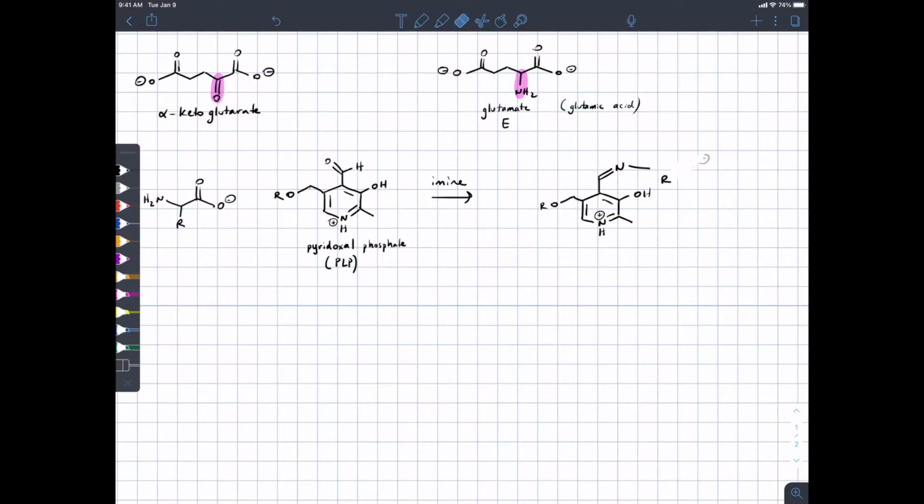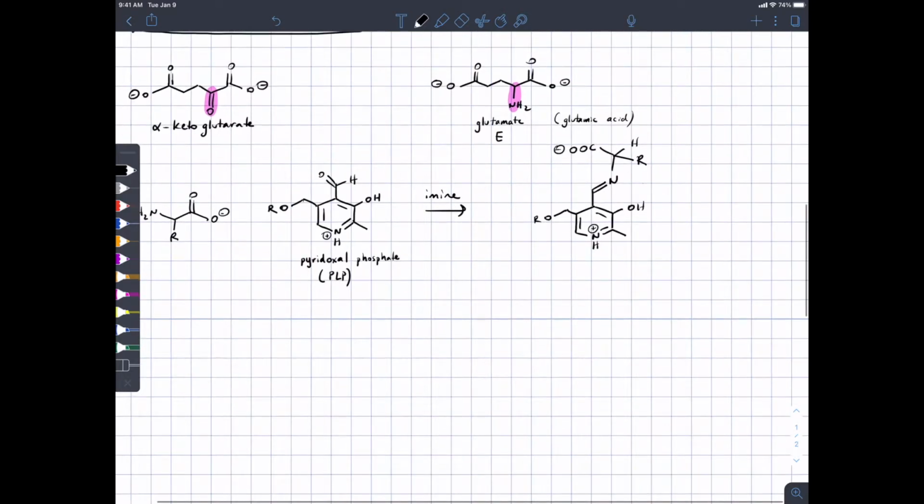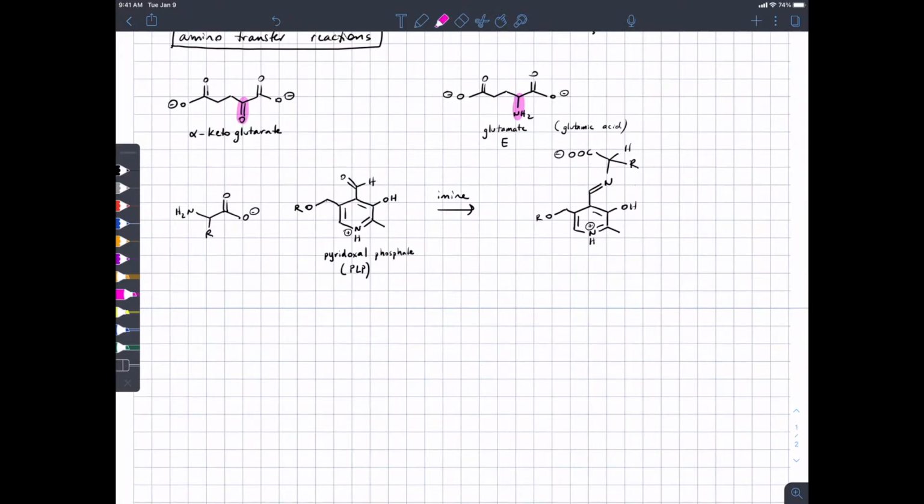Except maybe I don't want to draw it that way. Maybe I want to draw it this way. Okay, so we've condensed this amino group with this aldehyde. Now we have the imine and we lost water.